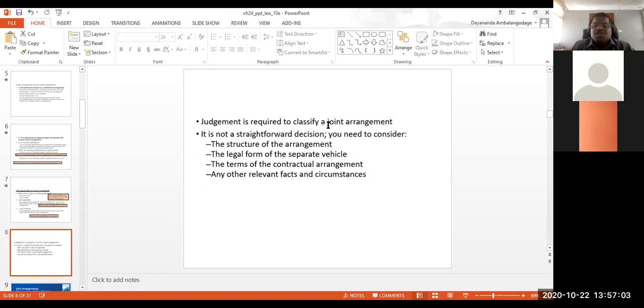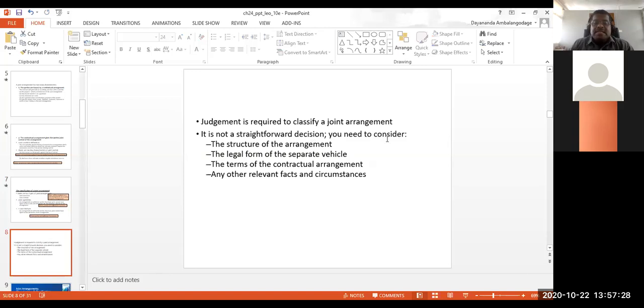Judgment is required to classify the joint arrangement. The next point is whether your joint arrangement is a joint venture or a joint operation. You can't decide it in a simple way. It is a judgment and depends on the context. There are certain criteria discussed in the standards. It is not a straightforward decision.